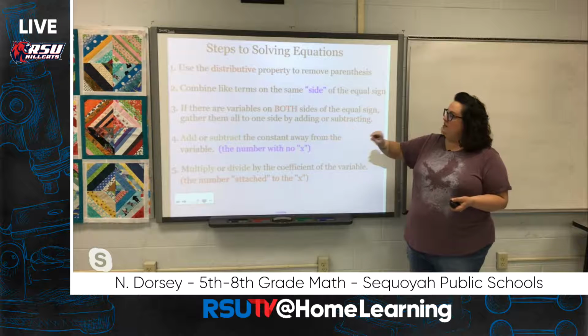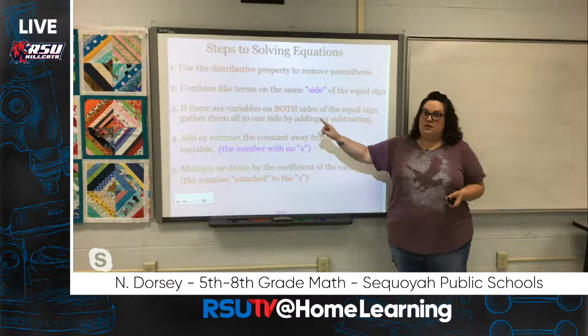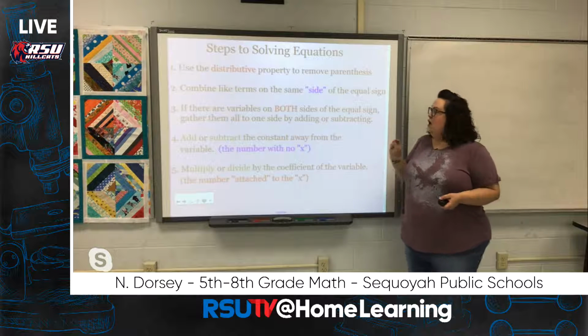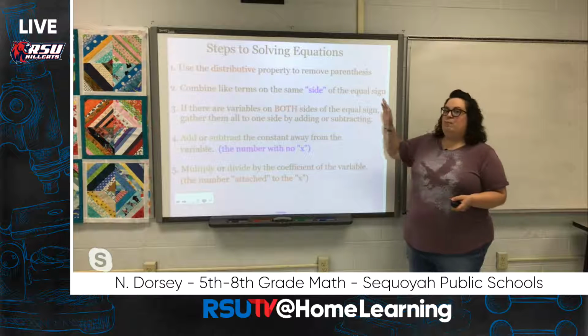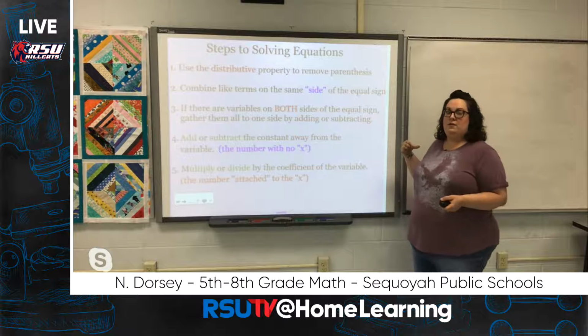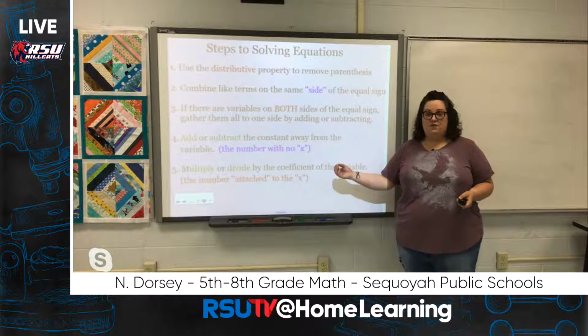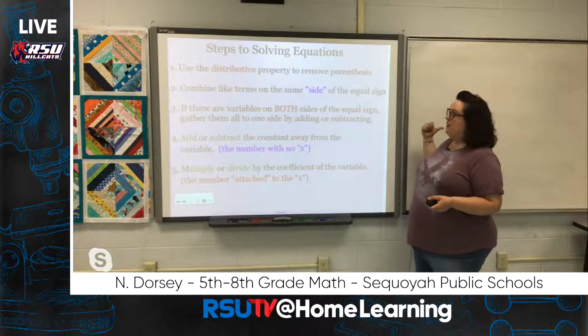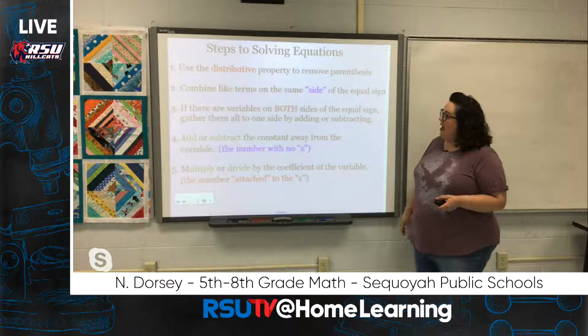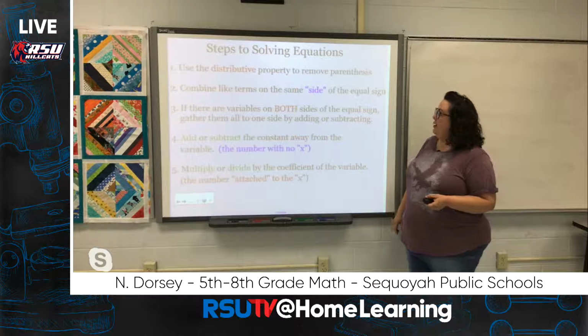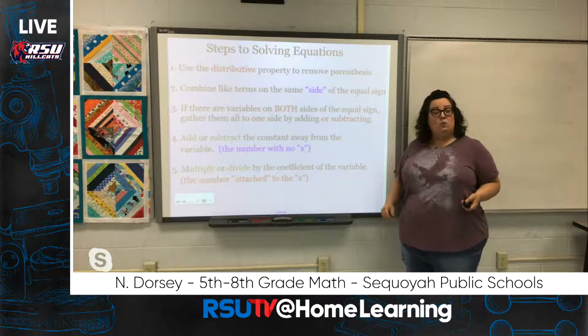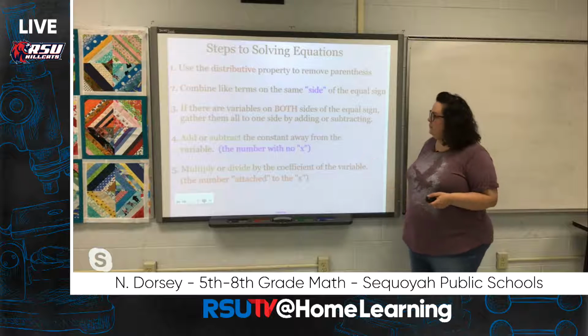Step 3 says if, and that's a key word there, if there are variables on both sides of the equal sign, meaning there's a variable on the left and a variable on the right side of the equal sign, gather them all to one side by adding or subtracting. And we're going to do a couple of those today.